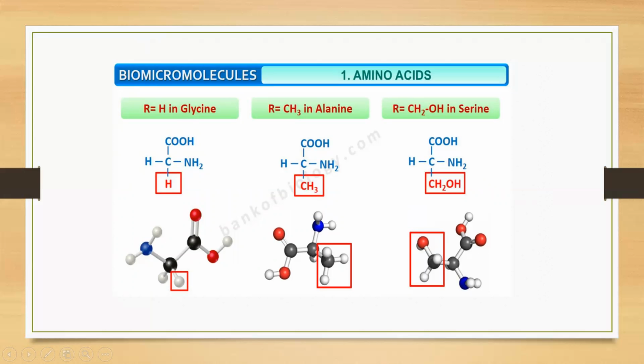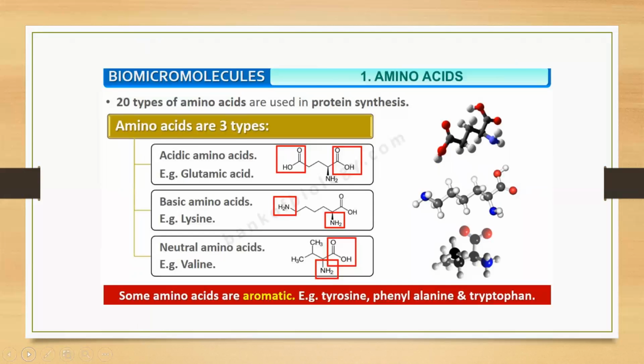R is the variable group, I've already told you, so CH3. Rest everything is the same, then that amino acid is alanine. And if R is substituted by CH2OH, then that amino acid is serine. There are 20 types of amino acids which are used in protein synthesis.